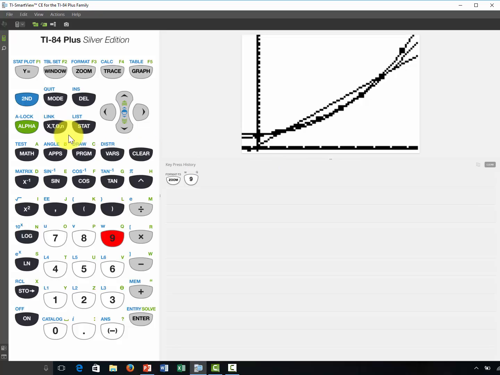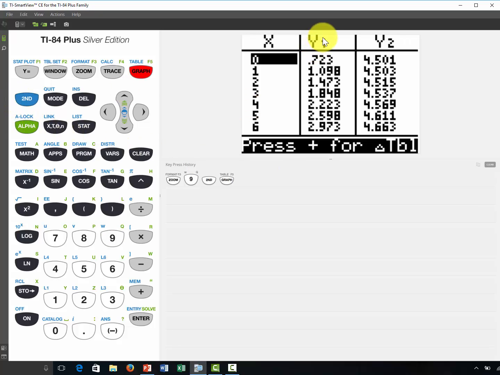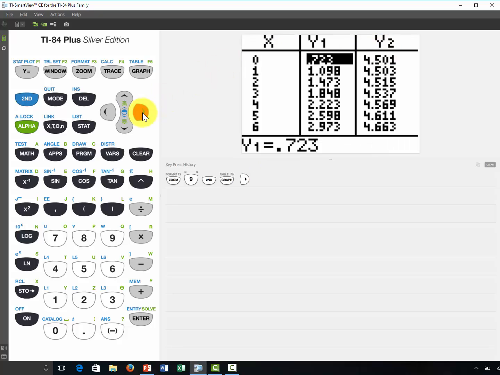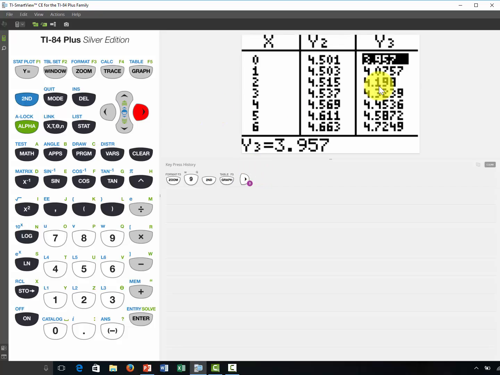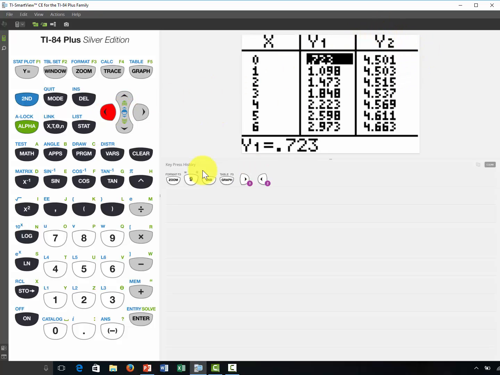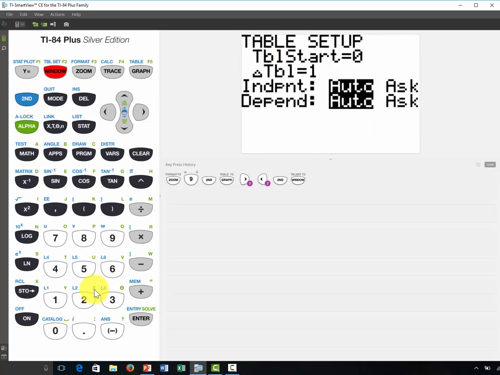So that looks good. If I hit table, I have y1, y2, and if I move my arrow over, I can get the exponential, y3. Since we want the x value to be 224, I need to go to table set, which is second window, and I want it to start, let's say, 220, and I want to count by ones. That's correct.